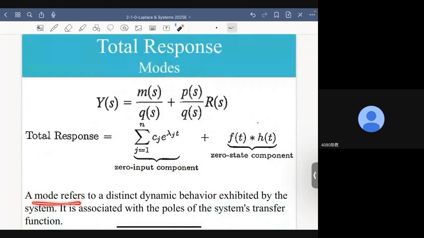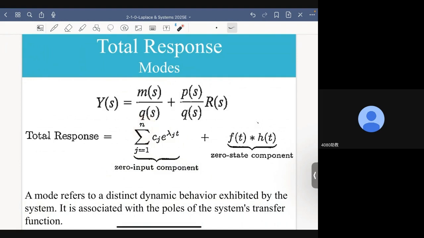A mode refers to a distinct dynamic behavior. Why are they distinct? Because if the value of lambda is different, the behavior is different, okay? And the overall zero input response is actually the combination of those n distinct dynamic behaviors.